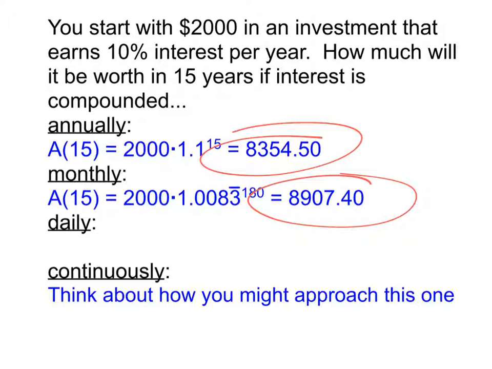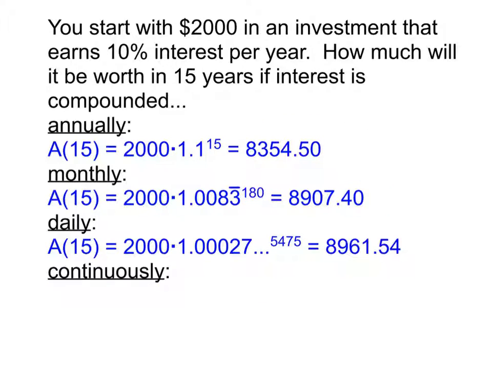All right, and then for daily, it's the same idea as we did for monthly, except here n equals 365. And so we end up doing 1 plus the 0.1, our rate, over 365, that's where this number comes from, to the power of nt. So 365 times the 15 years. And so in this case, we get 8,961.54. Again, notice it increased.